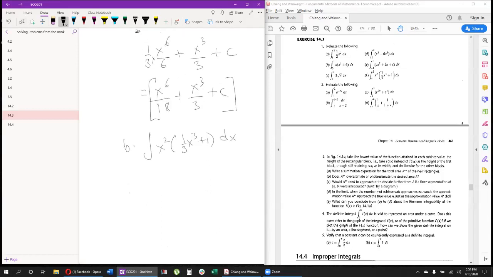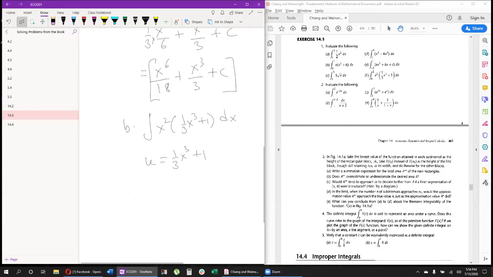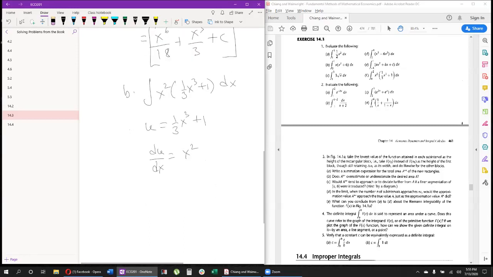I would assume u is equal to 1 by 3 x cubed plus 1. If I differentiate u with respect to x, what I will get is x squared dx. Oh, no, sorry, no dx here. So what I know is that dx is equal to du by x squared.